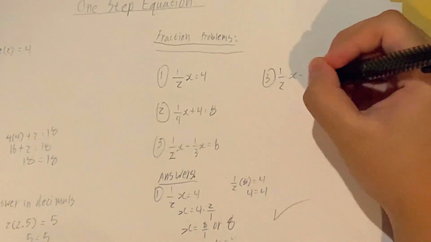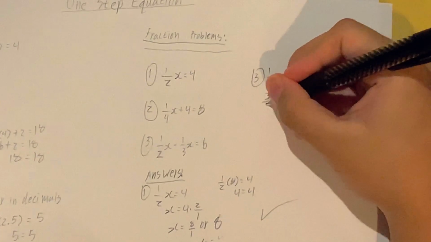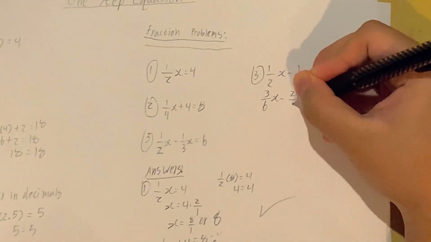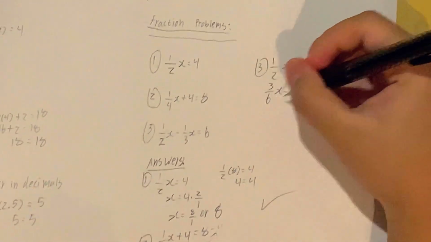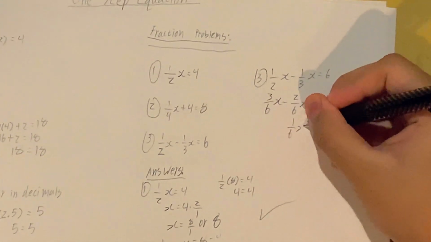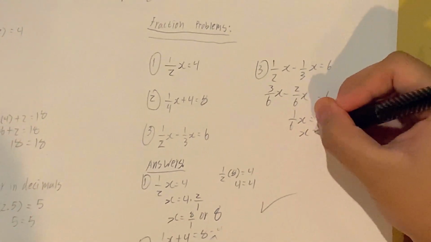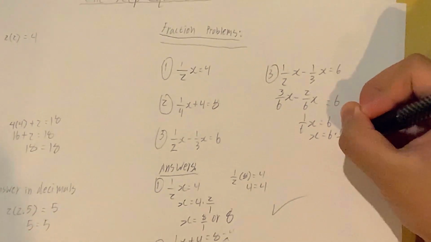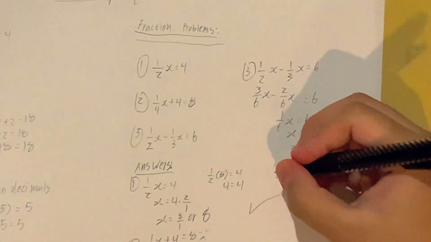So it's 3 over 6 x minus 2 over 6 x equals 6. And then you subtract these fractions. It's 1 over 6 x equals 6. And then since 6 is going here, it's 6 times 6 over 1. The answer is 36. Okay, let's check the answer.